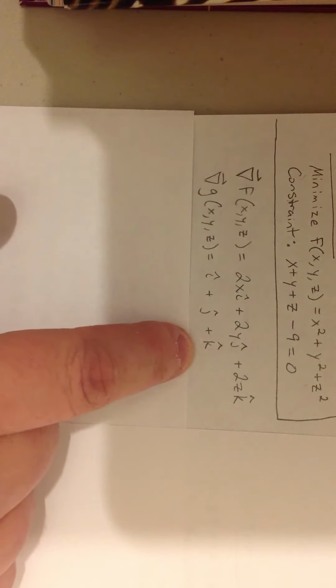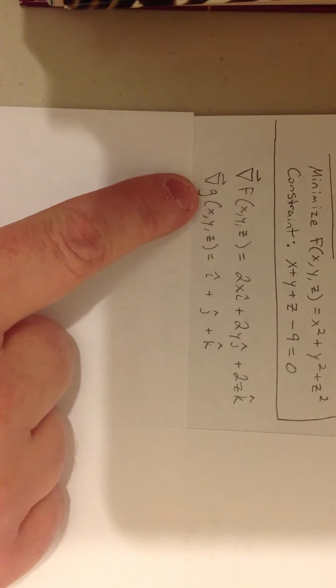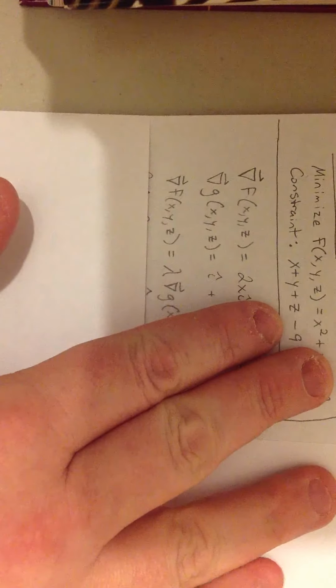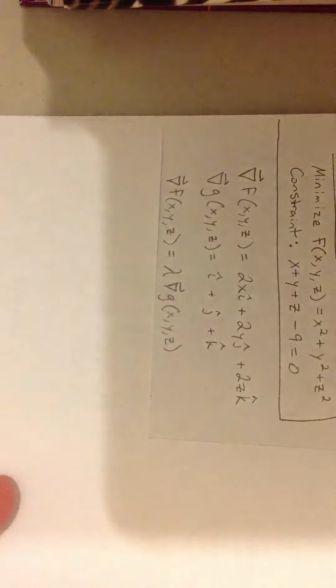Once you have your gradient functions, you use the equation we were given in class, that the gradient of the function we're trying to minimize is equal to the Lagrange multiplier times the gradient of the constraint function.